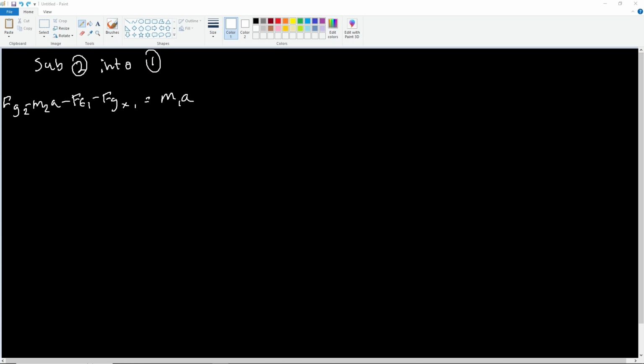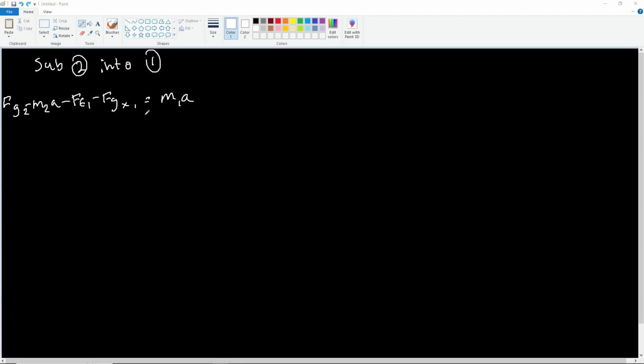Okay, now let us continue. As I brought this over to the next screen, we have Fg2 minus M2A minus Ff1 minus Fgx1 equals M1A.